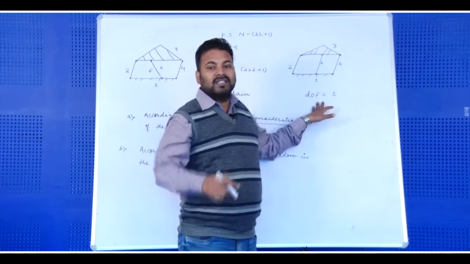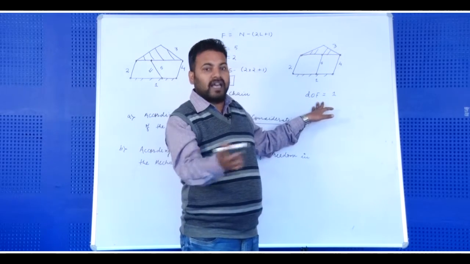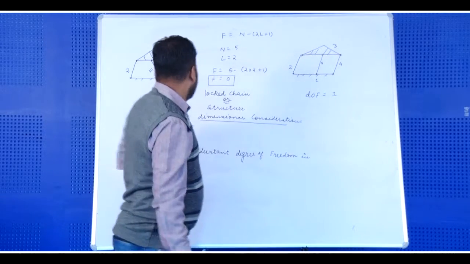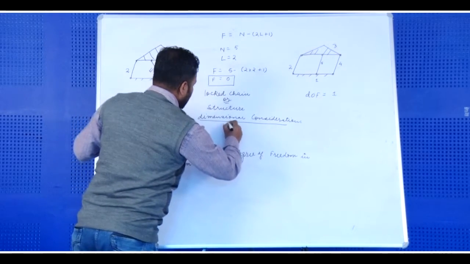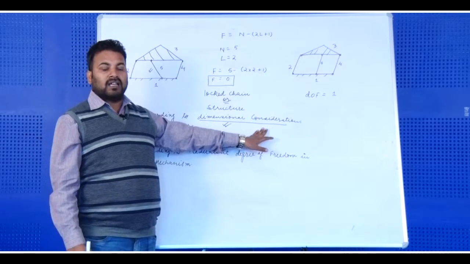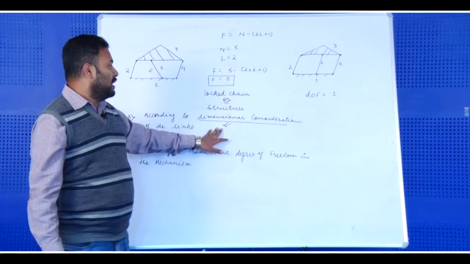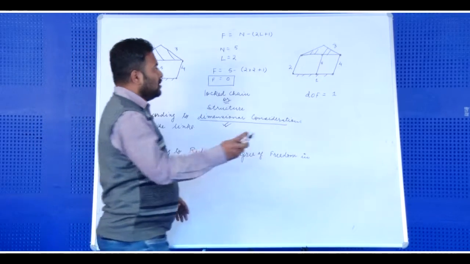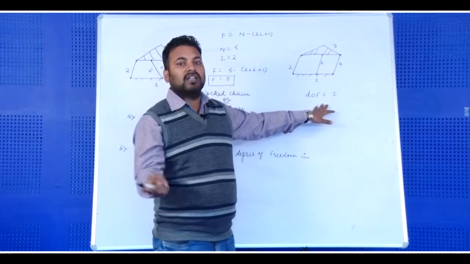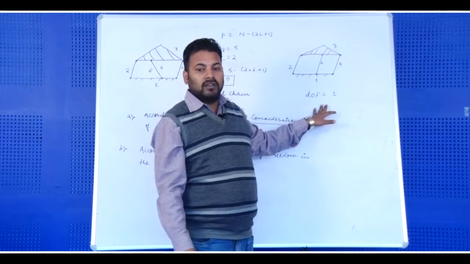By doing so, it can have motion in one direction and hence its degree of freedom is 1. So, these are some exceptions arising from not considering the dimensional consideration. If we make link 5 parallel to 2 or 4, it can move in one direction and its degree of freedom is 1.